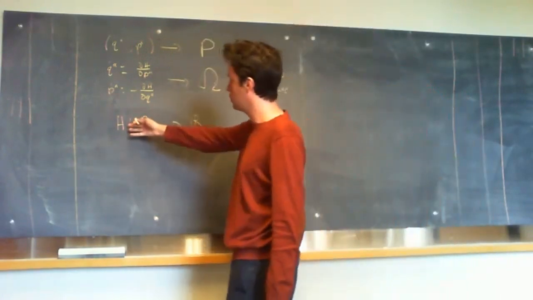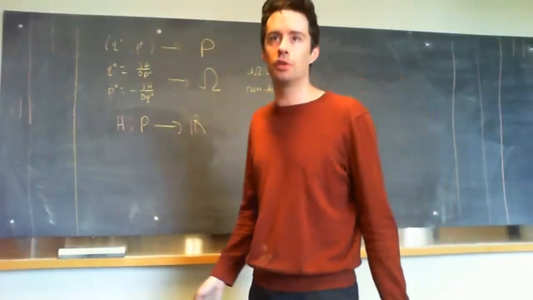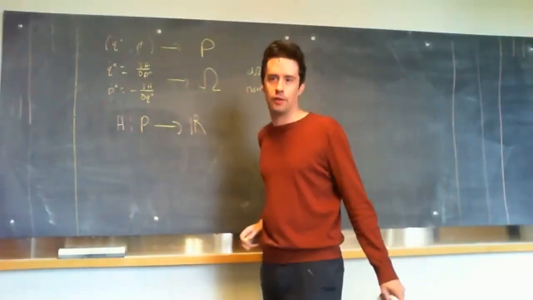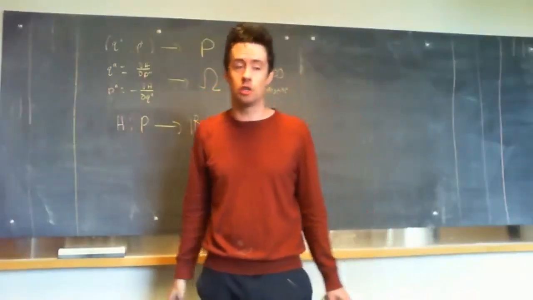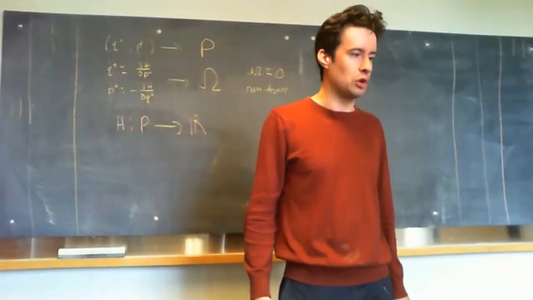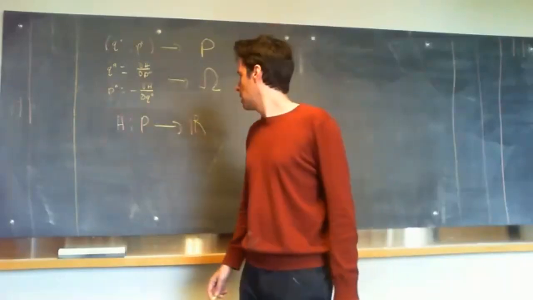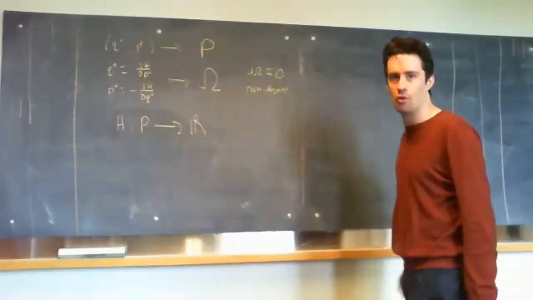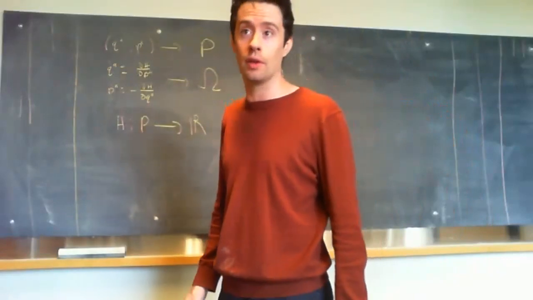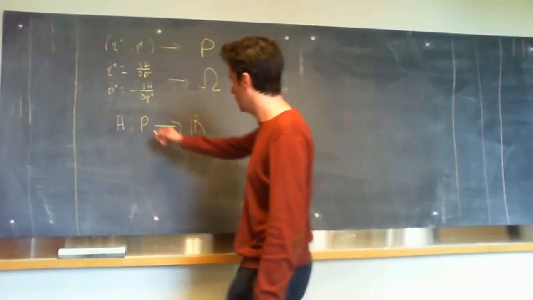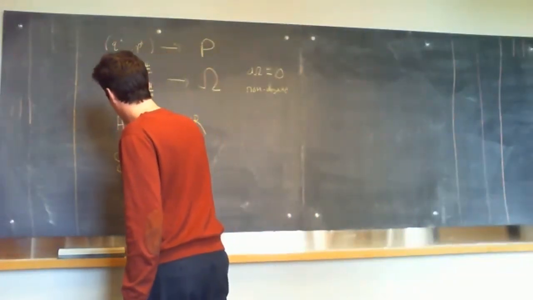Given this function, we want to turn it into a flow on P. Geometrically, if we didn't have this omega, there wouldn't be a natural way to do that, right? If I just come to you with a scalar function on a manifold, there's no natural way of constructing a vector. There is, however, a natural way of constructing a one form, which is that we just take the gradient or the exterior derivative.